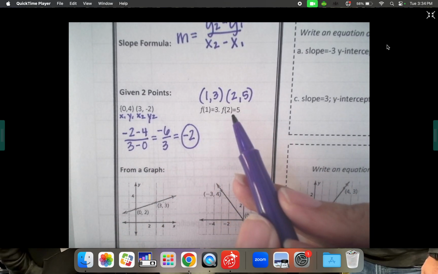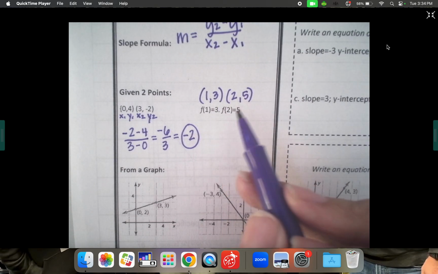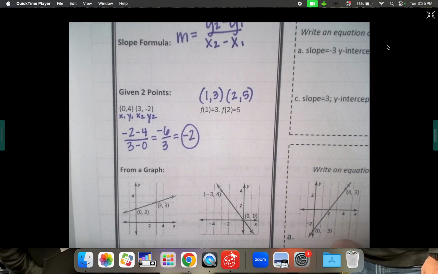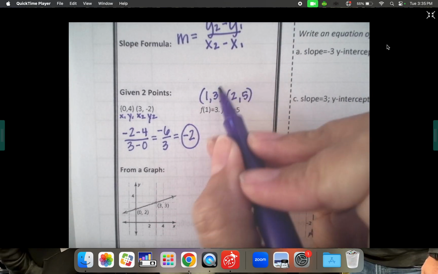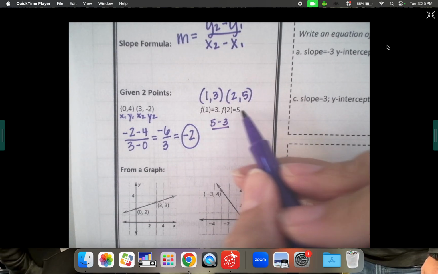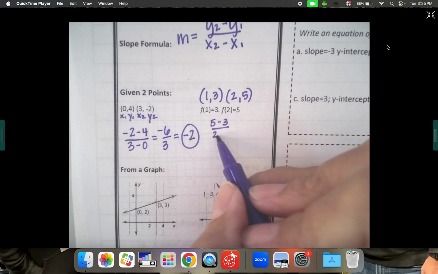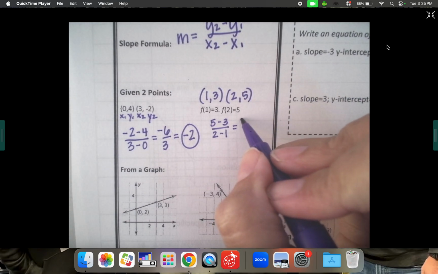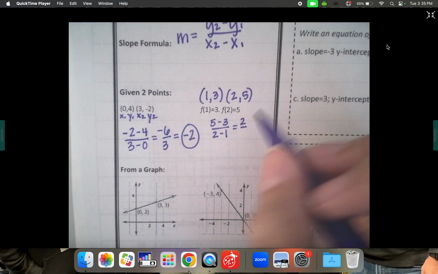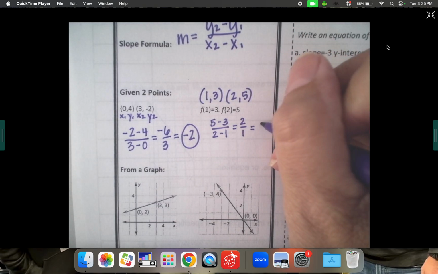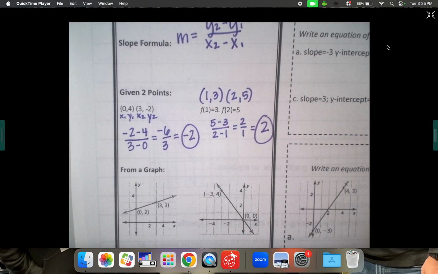It's just that it's written a little funny, but it's still 1, 3, 2, 5. So let's go ahead and find the slope of this one too. So you're going to do 5 minus 3 in the numerator over 2 minus 1 in the denominator. 5 minus 3 is 2, and 2 minus 1 is 1. Write it in simplest form. Anything over 1 is a whole number, 2.